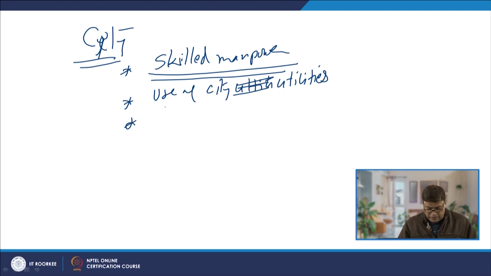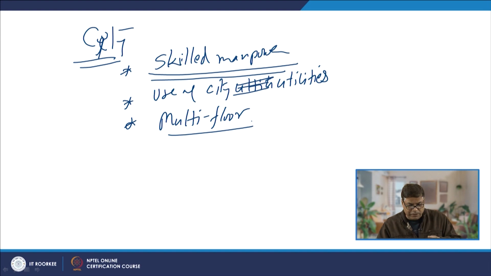Also, a multi-floor type layout, like multi-story buildings, will be more suitable for the plant to come out with its products and services effectively.